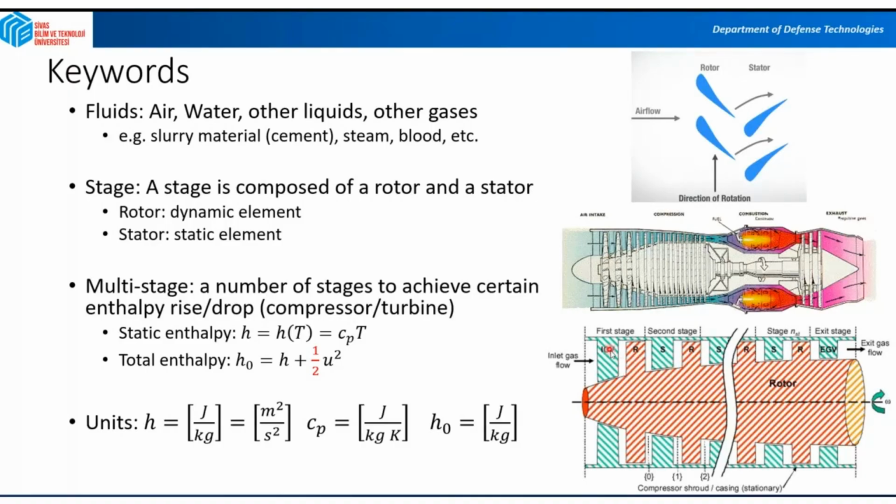As you can see, these are marked by some colors and also some letters. The first is IGV. What do we mean by IGV? It is inlet guide vane. It's there only to guide your flow into a specific angle.